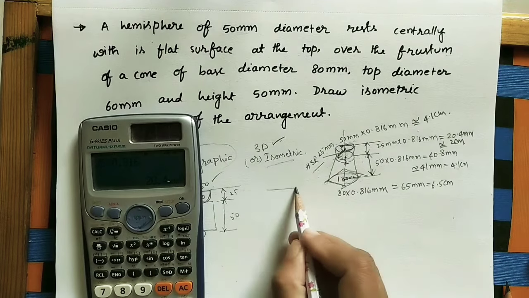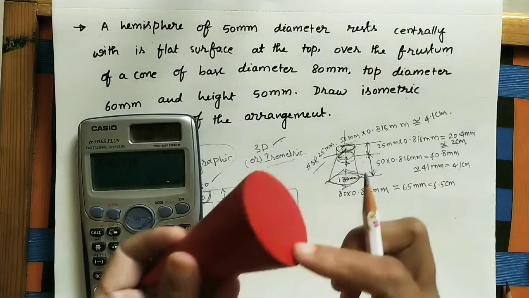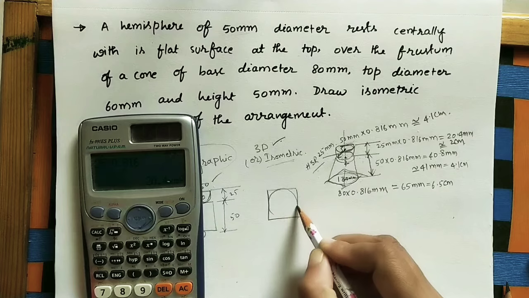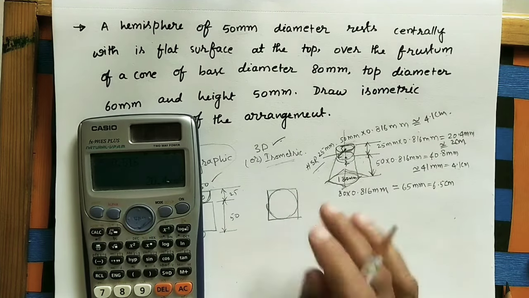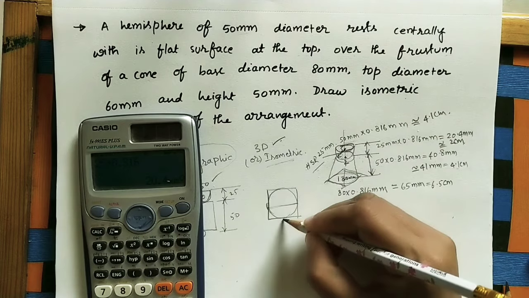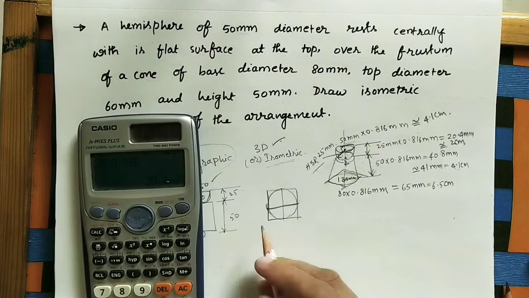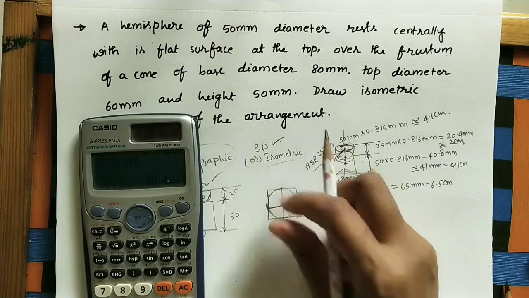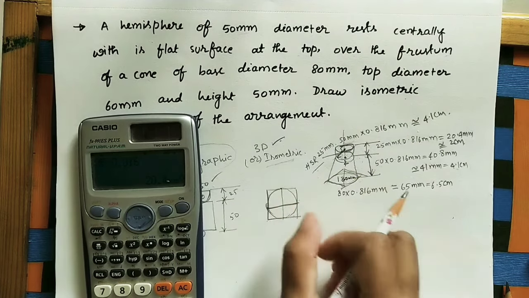If you are taking the bottom circle like this and keeping it in a box, this is the horizontal diameter, this is the vertical diameter. Let us assume the length is the diameter of the circle. This is nothing but a square. So what is the diameter of it?